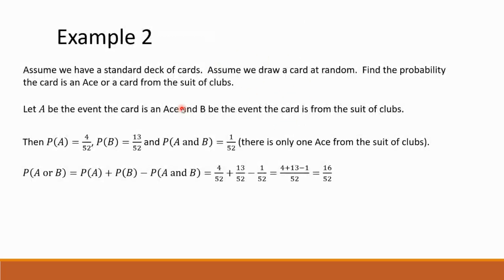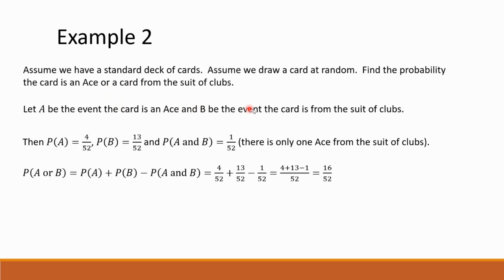Let's try another one for fun. Again, we have that deck of cards, and as before, we're drawing cards at random. In this case, we're only going to draw one card. We want the probability that the card we draw is an ace or a card from the suit of clubs. Let A be the event that the card we get is an ace.